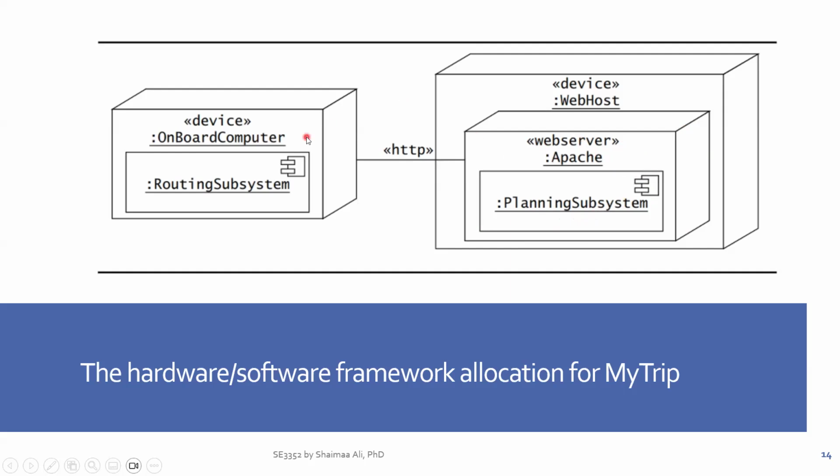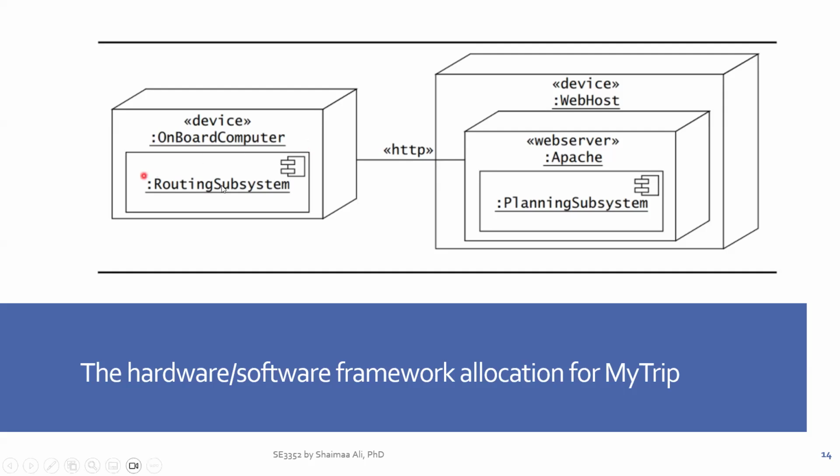Now on the client side, this is the onboard computer. We don't need a browser here, so think about the map that you have, let's say Google Maps. It does connect to the server, and the server is web-based, but that doesn't happen through a browser. The application itself is the client.